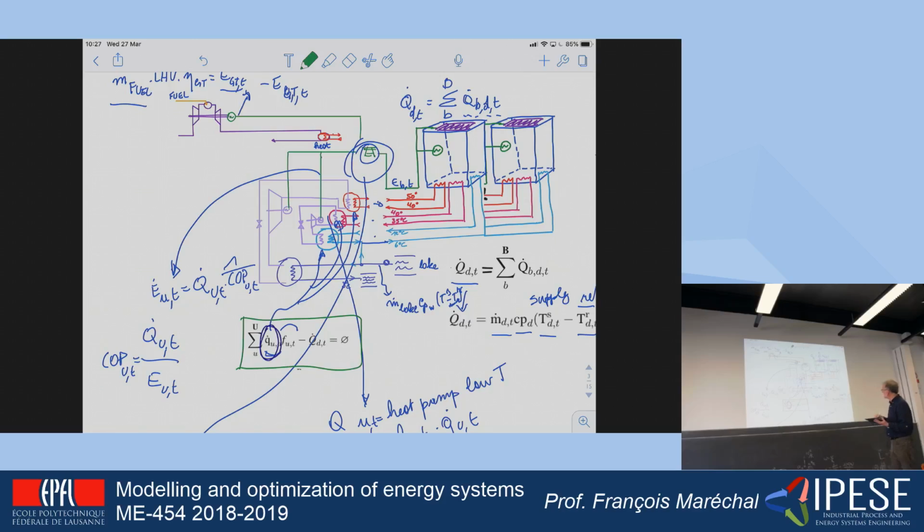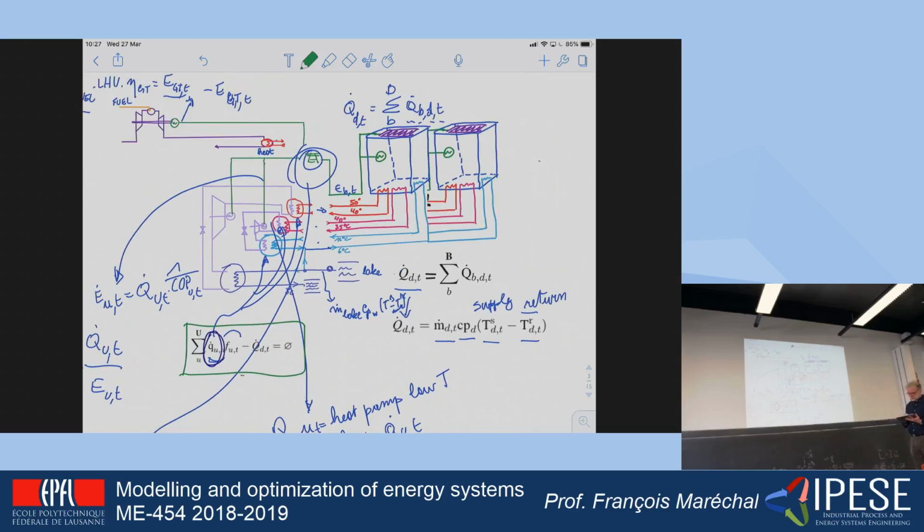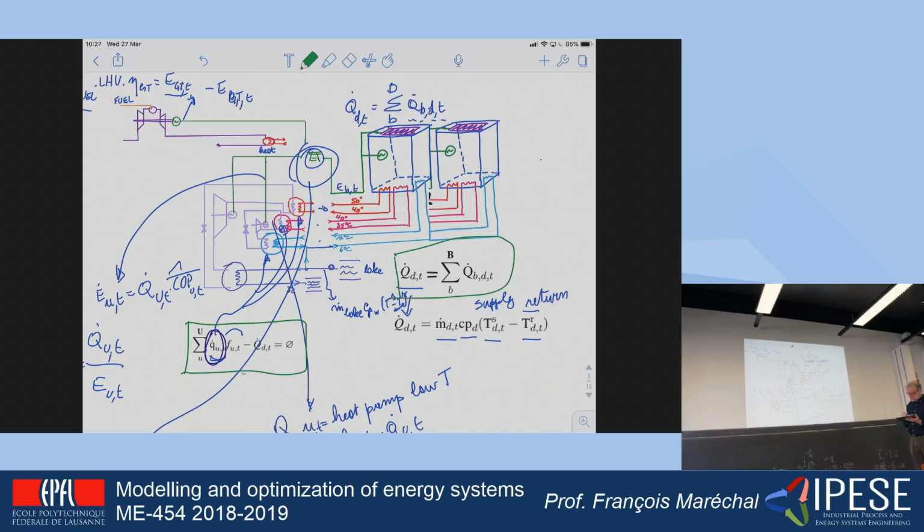And I have another equation here, telling me that the amount that I need in the distribution system D is in fact the amount asked by all the buildings that are connected to the distribution system D at time t. And this is the sum.